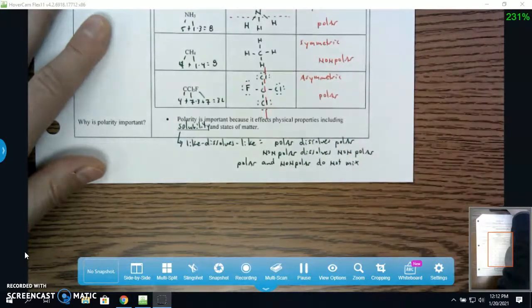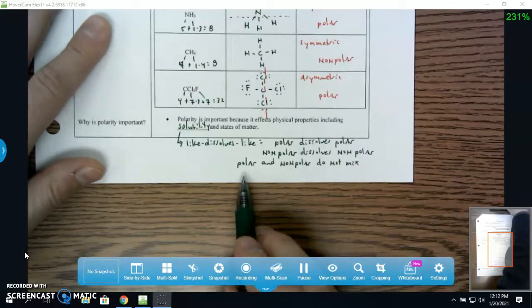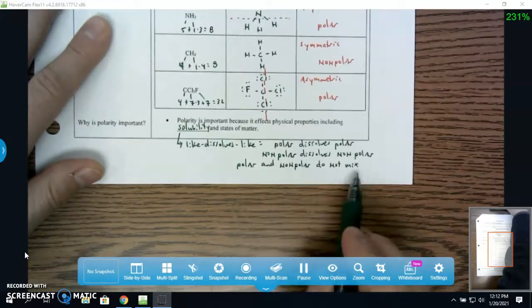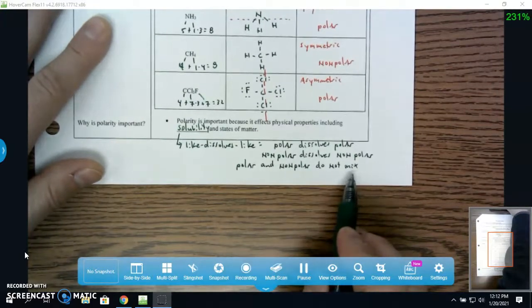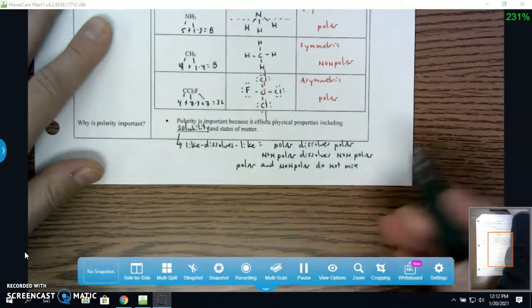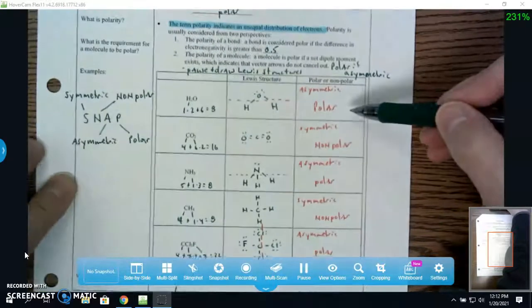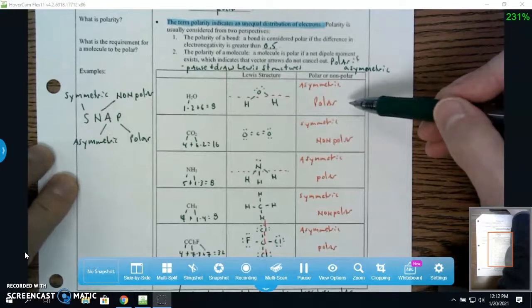Okay, polar and nonpolar don't mix. Think about something that you might attempt to mix in the kitchen that doesn't want to mix. You're maybe thinking about water, which is polar, and oil, which is nonpolar, because water and oil are two different polarities. Water is polar and oil is nonpolar. The two things don't want to mix.